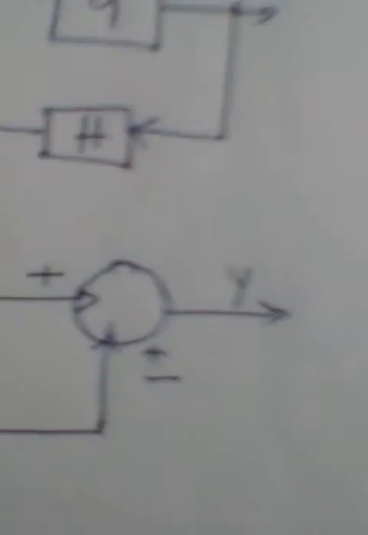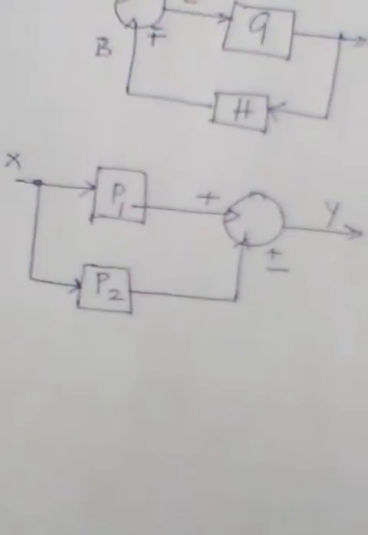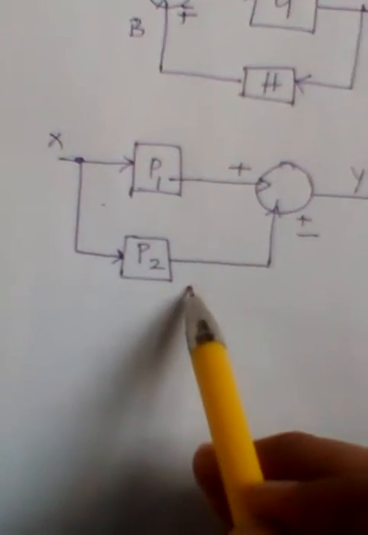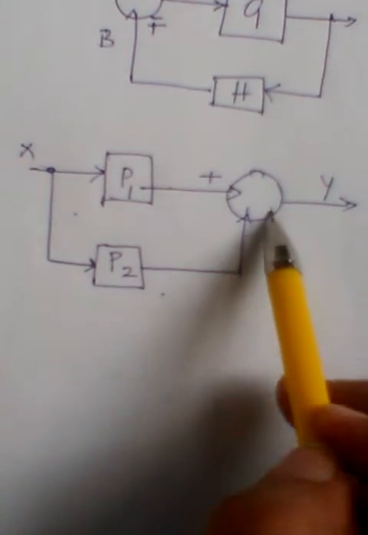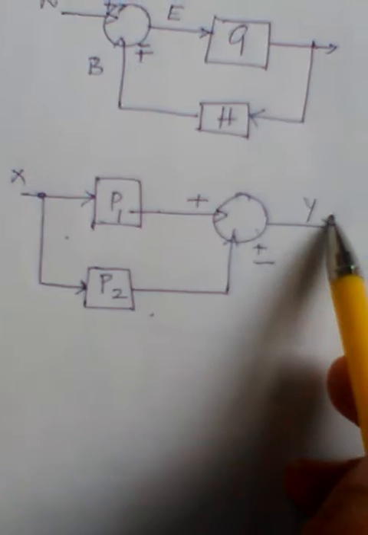So we can see one example now about the control system. We can see that there is an incoming signal x here, then we have p1, p2, two gain blocks, then we have the addition summer here, then we arrive at the output signal.